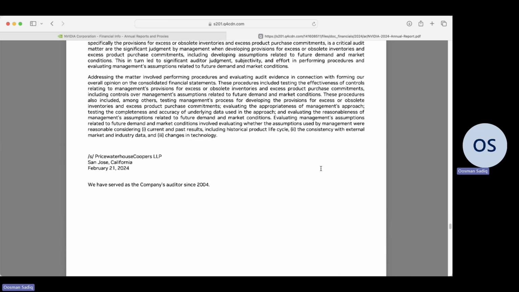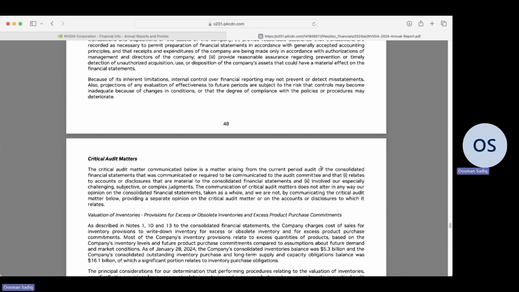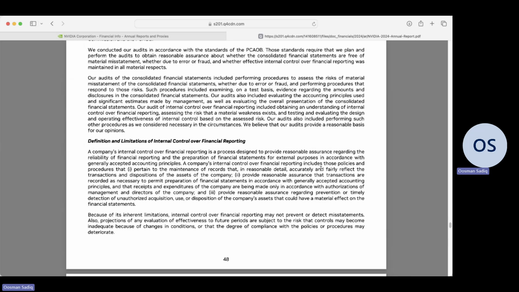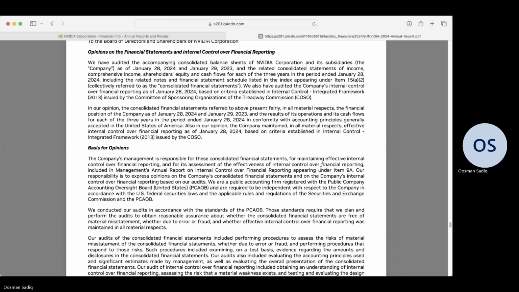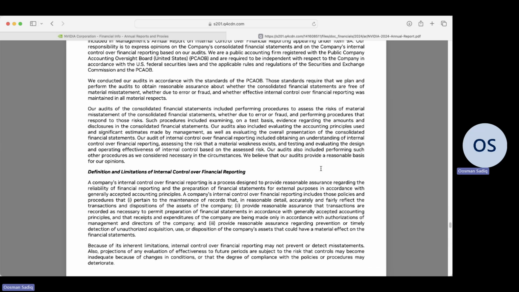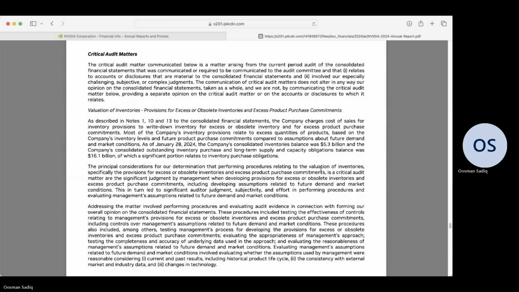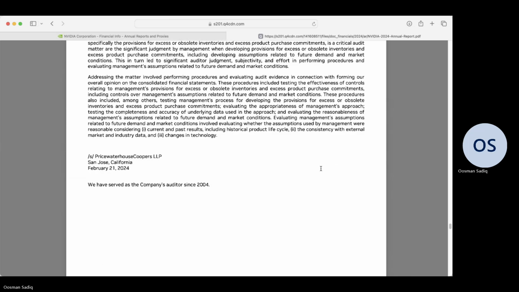So if you see, this is the audit report. Obviously, it's under the US standards, but you will see that every annual report of a listed company has an audit report, right? If I go down, report of registered public accounting firm, you will see that this is Price Waterhouse Coopers, PwC, one of the largest audit firms in the world, right?